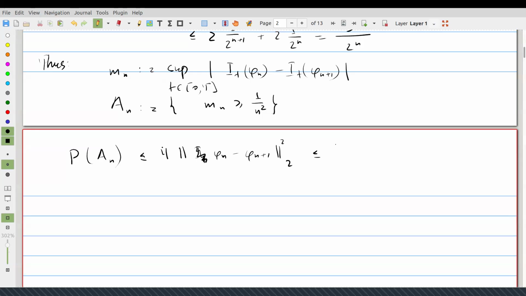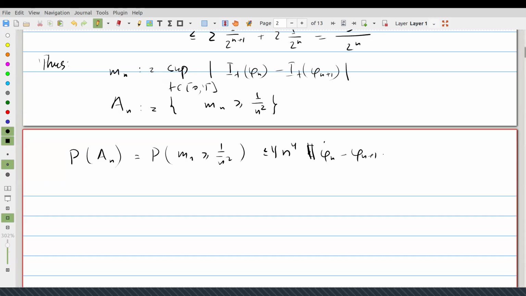And so this is less than some constant. Let me write it properly. This equals the probability that M_n is greater than 1 over n squared, which is less than n to the power 4 times the mathematical expectation of just the norm phi n minus phi n plus 1 squared, which is just some constant times n to the power 4 over 2 to the power n.